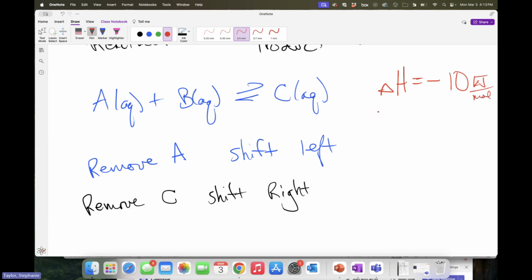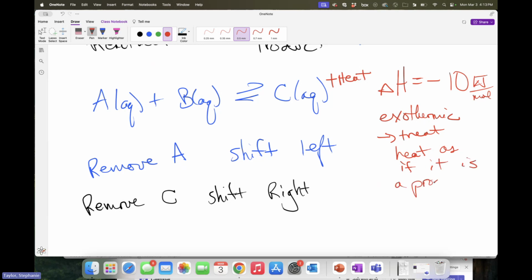Because of that, that's an exothermic reaction. Since that's an exothermic reaction, I can treat heat as if it was a product.